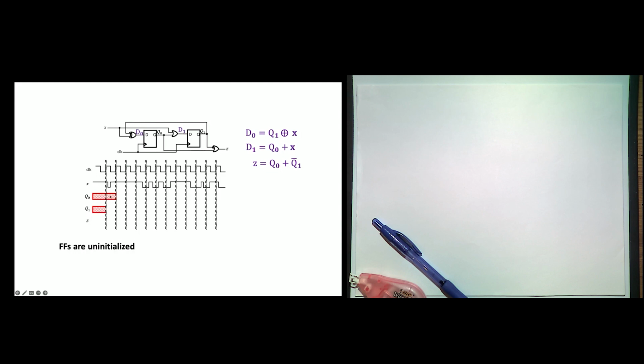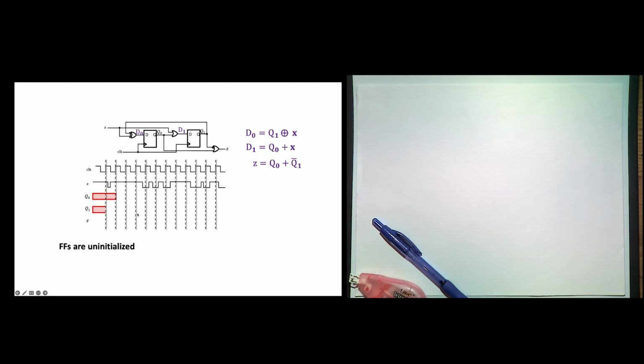But it's still unknown because we don't know Q1. You don't know the value of the XOR unless you know both of the arguments. That's not true for an OR. It's possible to know the value of an OR if one of the arguments is a 1. But for an XOR, you need to know both. So until we know both Q1 and X, we're not going to know D0.